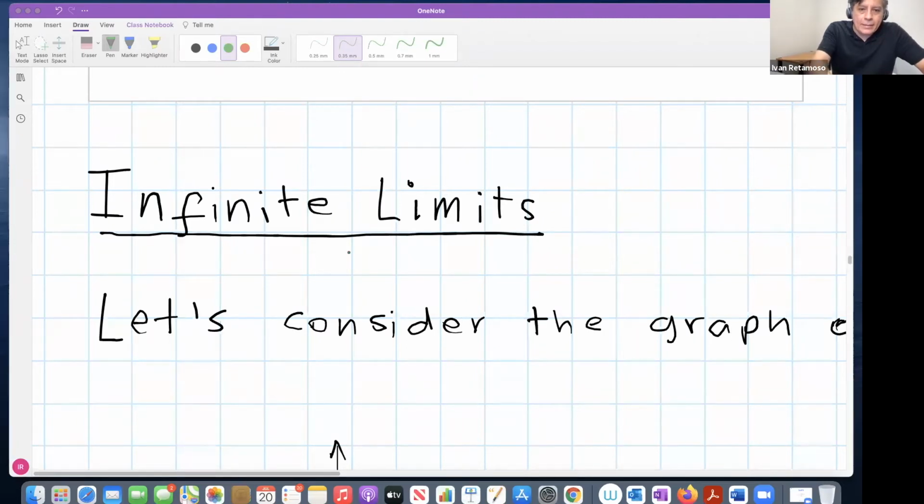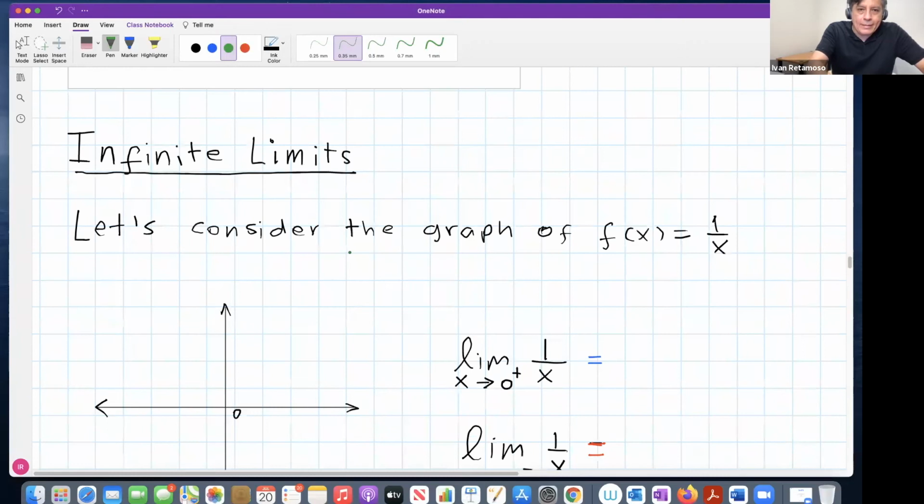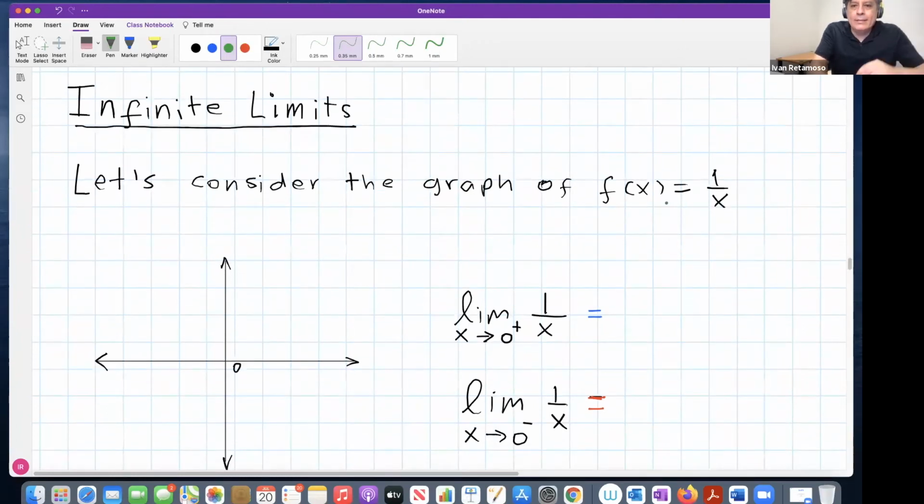Here, let's consider the graph of this function that you might have seen in pre-calculus, f of x equals 1 over x. It is called the reciprocal function. It's one of the parent functions that you might have seen in pre-calculus.